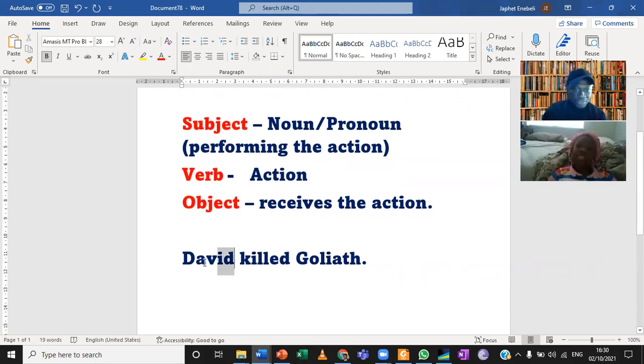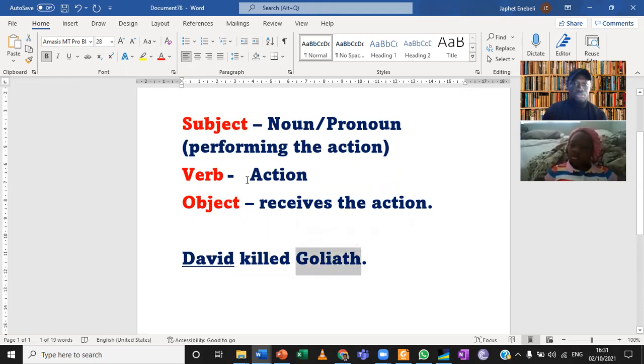Now, David here is the subject because he is the one performing the action, killed. Who is receiving the action here? Who is being killed? That is the object. Goliath. Good. So David, the subject, the verb killed, and Goliath, the object.